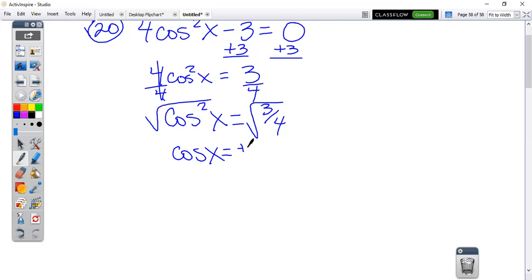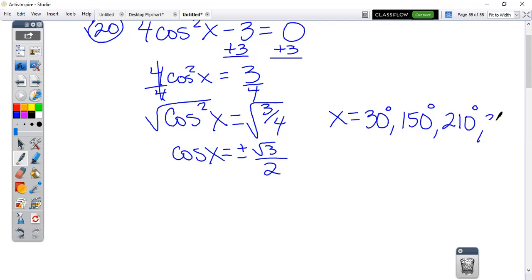So it's plus or minus the square root of 3 divided by, what's the square root of 4? 2. So we are looking on our chart for where the cosine of x is either positive square root of 3/2 or negative square root of 3/2. So like 30 and 150, 210 and 330.